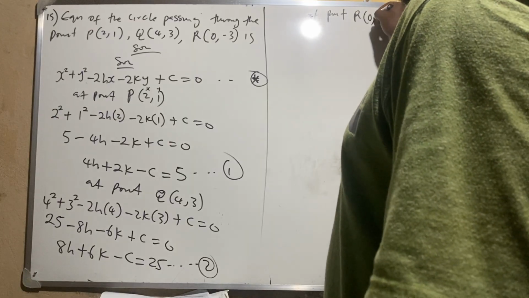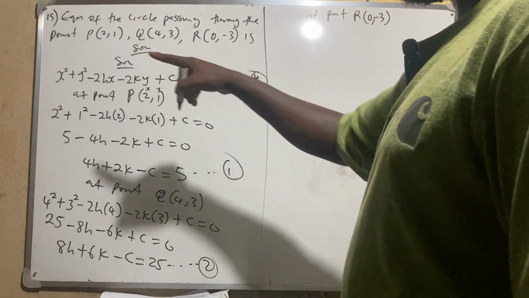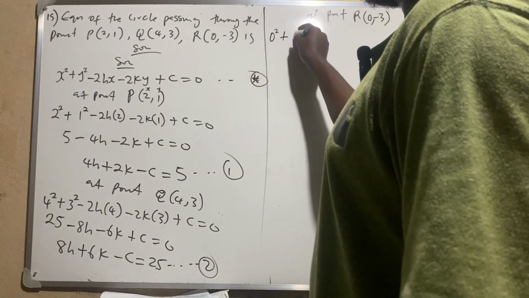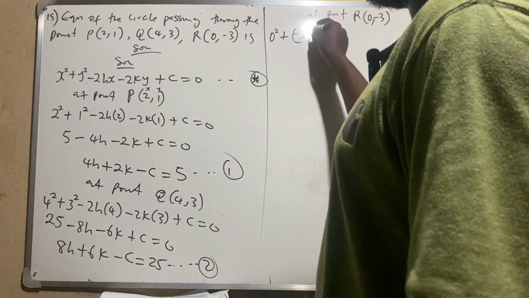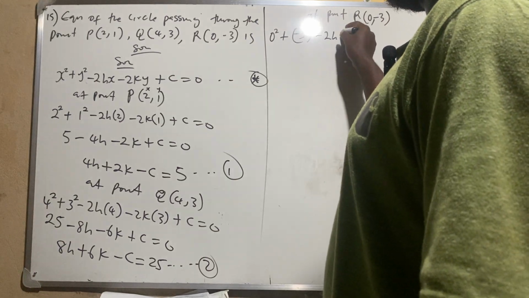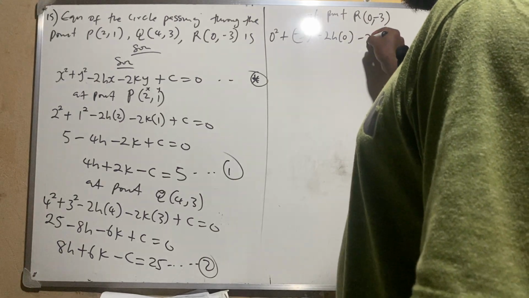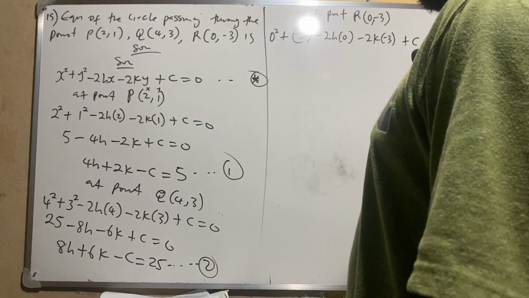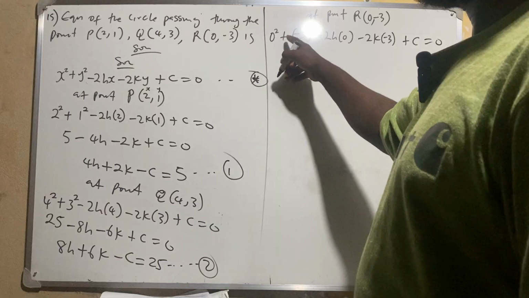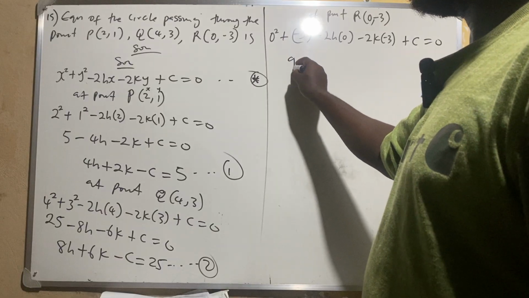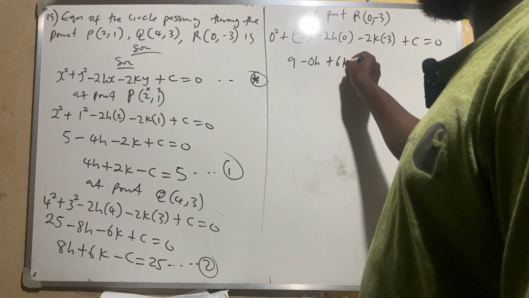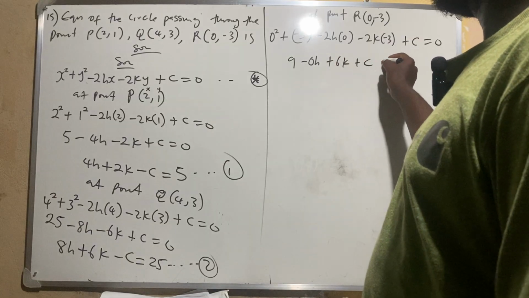Okay, so to get your equation 3, you tell them at the last point, at point R, which is what? (0, -3). Substitute in this same equation: 0 squared plus (-3) squared minus 2h(0) minus 2k(-3) plus c is equal to 0. So here is giving me 9. So 9 minus 0h, okay, plus 6k plus c is equal to 0.